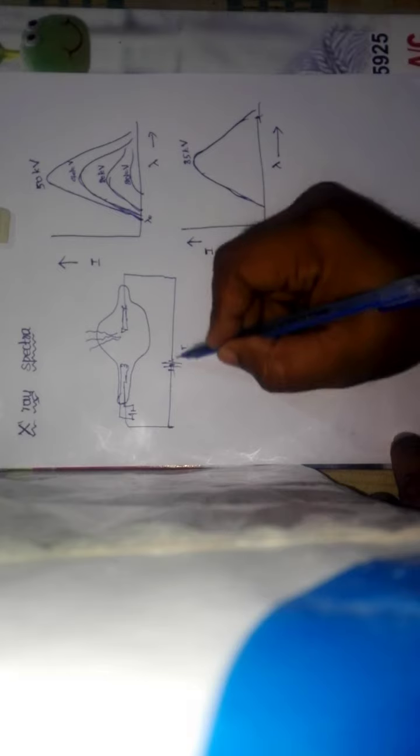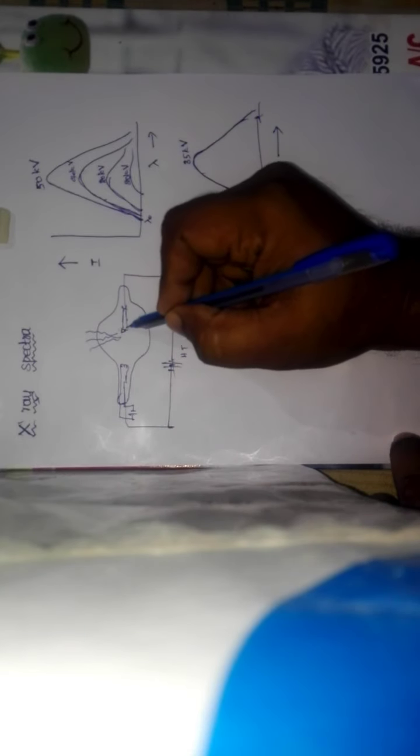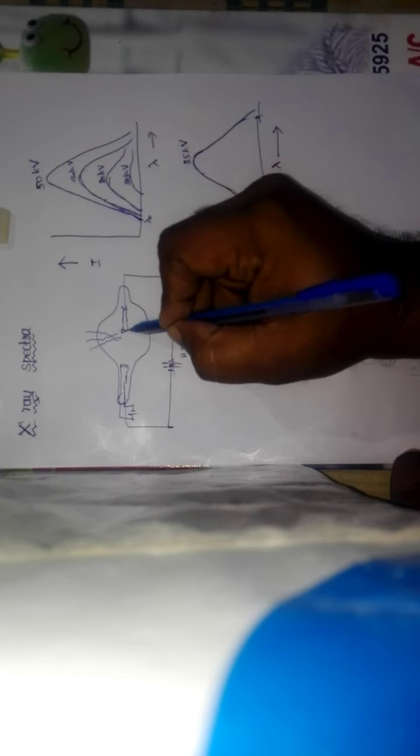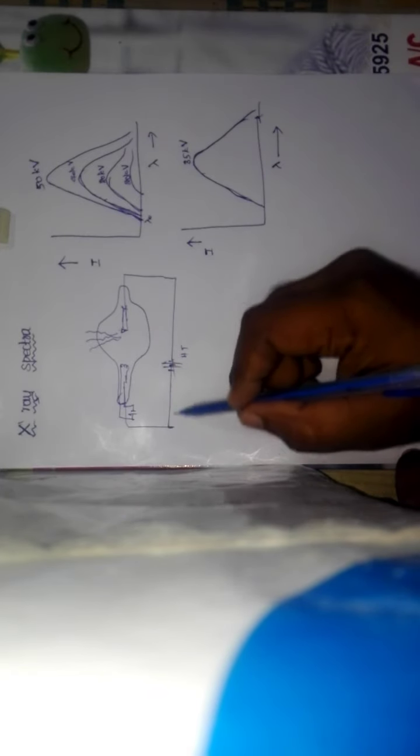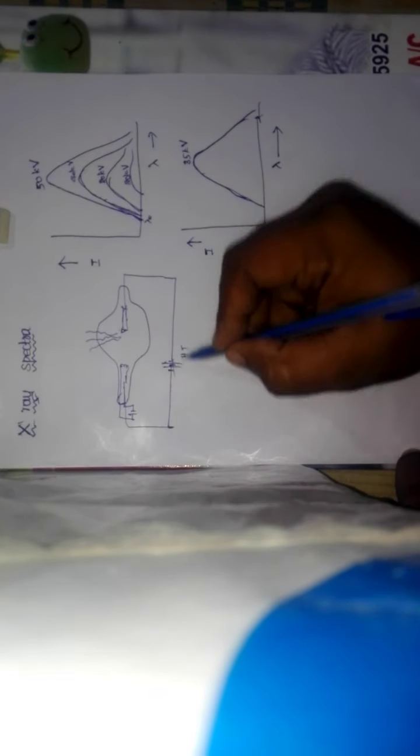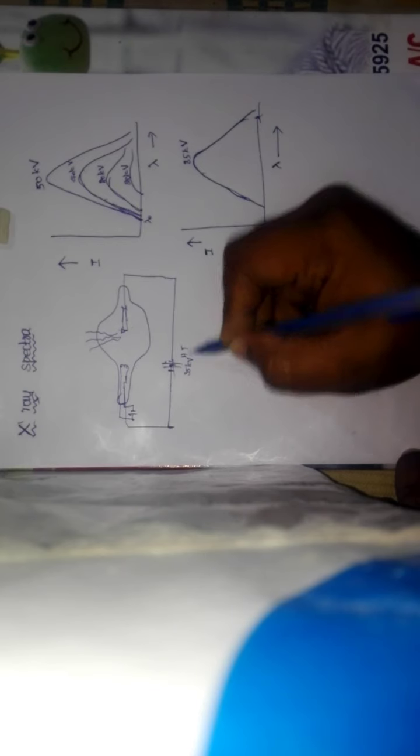Let us consider 35 kilovolt. The X-ray spectra is given like that, a continuous spectra. The same potential is given to the molybdenum target, so the potential difference between cathode and anode is 35 kilovolt.